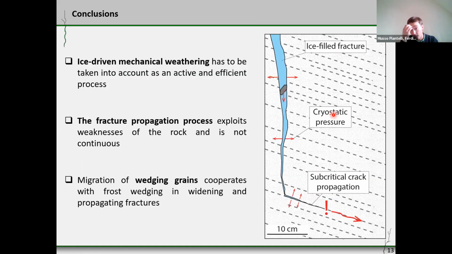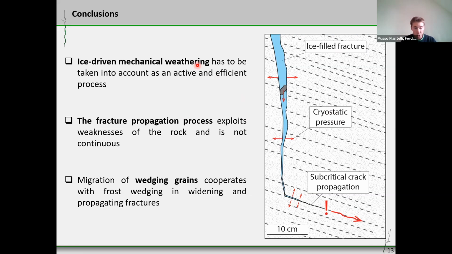So if I quickly sum up what I just told you, you have learned that ice-driven mechanical weathering, or frost wedging, is a very important and crucial factor, especially nowadays in this crazy weather that we have in the Alps, and a very hazardous process because it exploits fractures and triggers rock slope events, so rock falls.